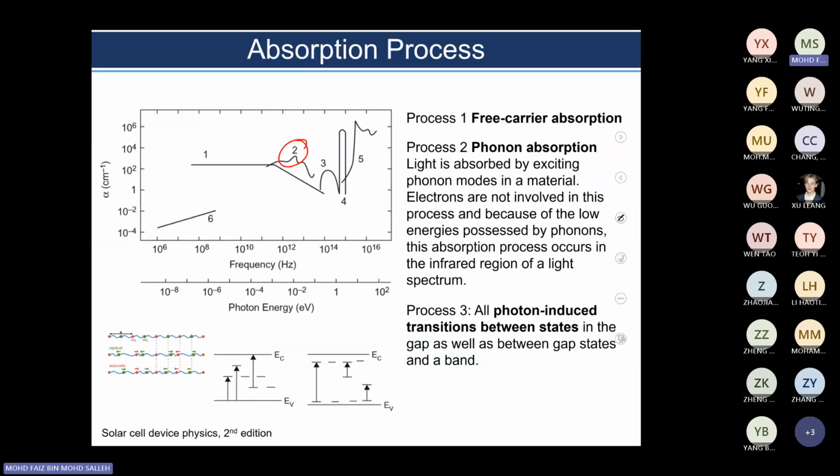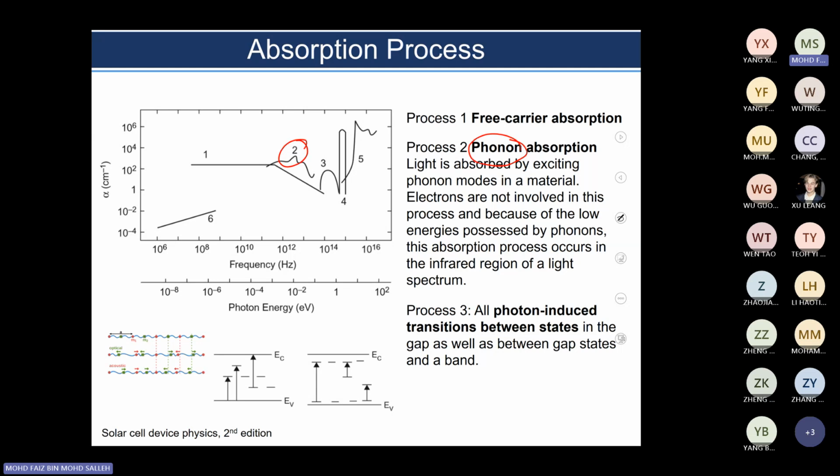What happens is the energy is absorbed by the phonon. Phonon is the lattice. So what happens when the phonon absorbs that energy? It will change the phonon mode. The phonon vibrates like a wave, and you can have acoustic and optical modes of the phonon.